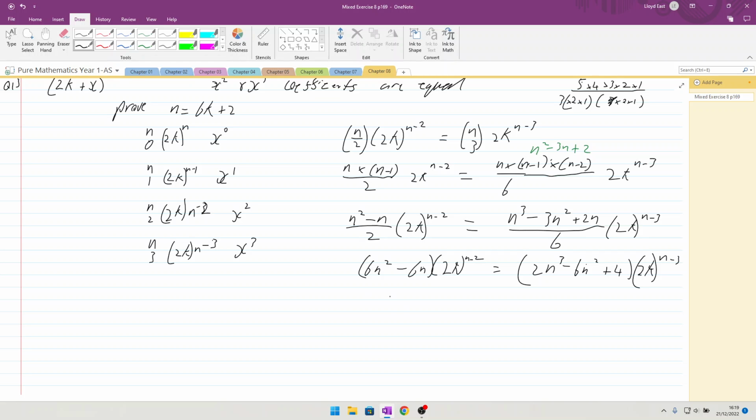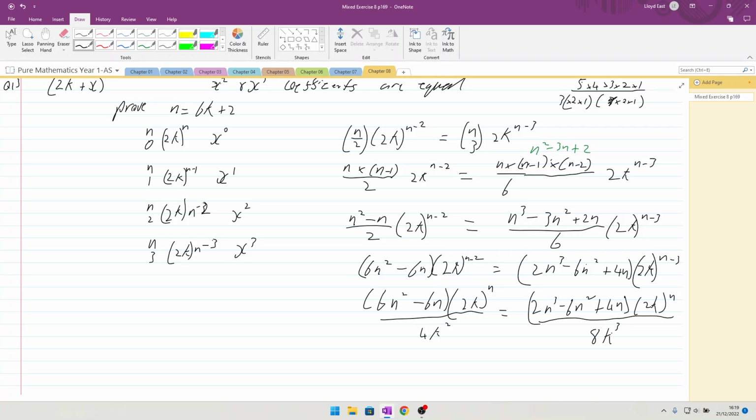So I feel like I've got here 6n squared minus 6n, and that is multiplying 2k to the power n over 4k squared, and this bit here is equal to 2n cubed minus 6n squared plus 4n times 2k to the n over 8k cubed.